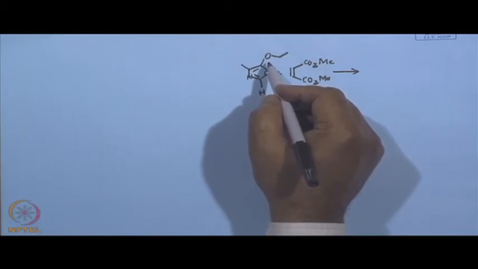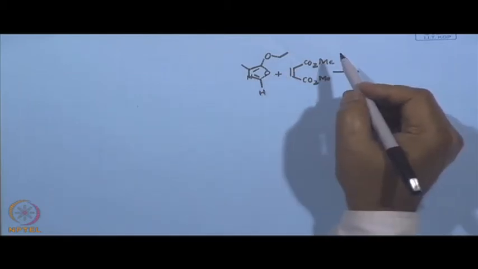What else? That is what you have to remember. In very early classes we talked about the effect of nitrogen. It can alter the pKa values. What else? From a very simple thing, from benzene to pyridine, what do you expect? What change do you see?